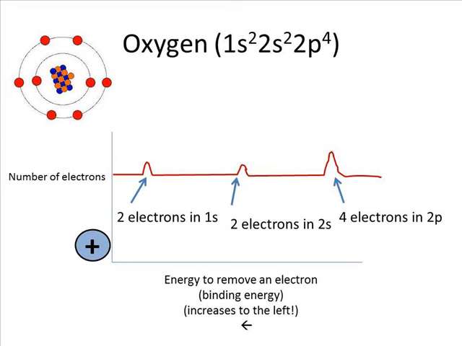But the binding energy is different than the potential energy. The electrons in the 2p have higher potential energy because they are further from the nucleus, while the electrons in the 1s have higher binding energy, lower potential energy.